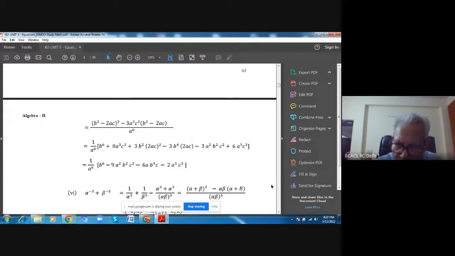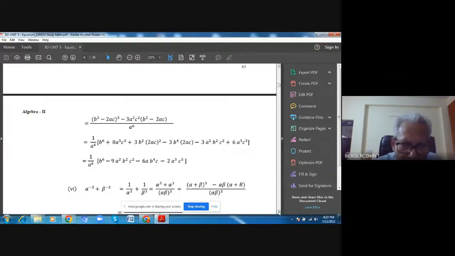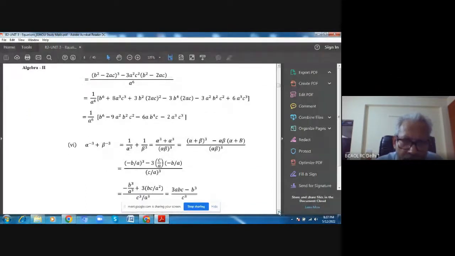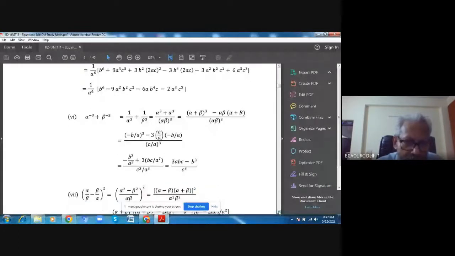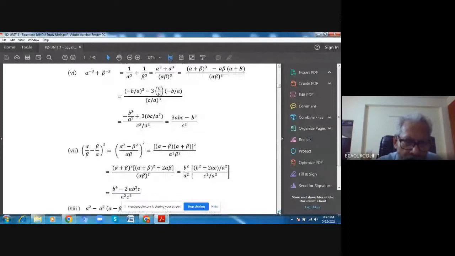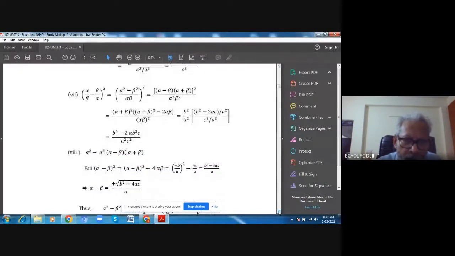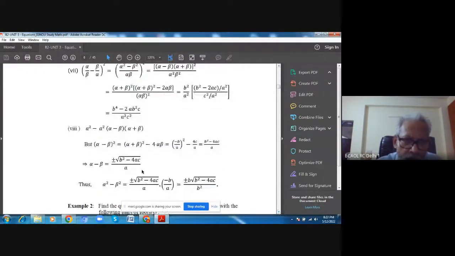You can observe everywhere this value is only put in, and after that the calculations. Nothing is new. This is also in every example, simply these things are coming.